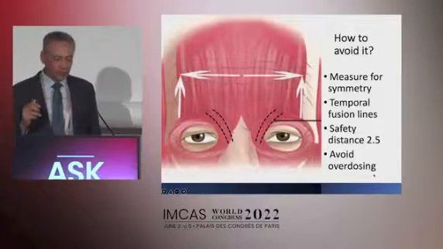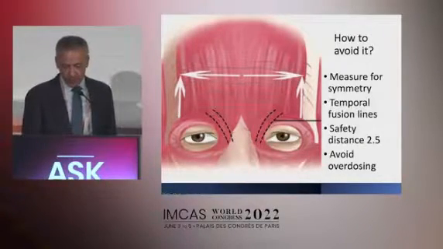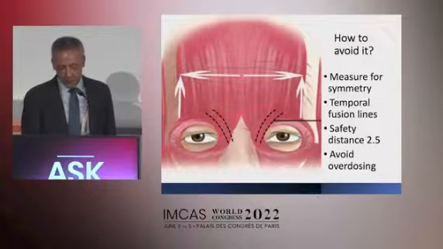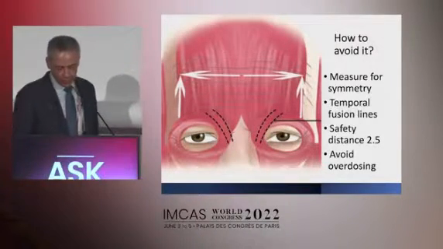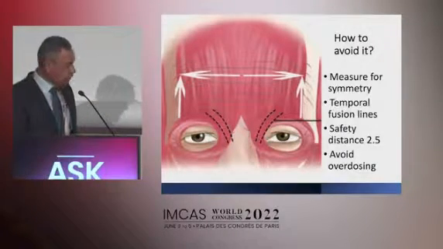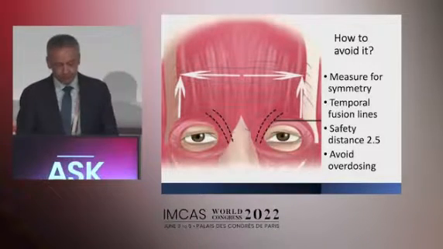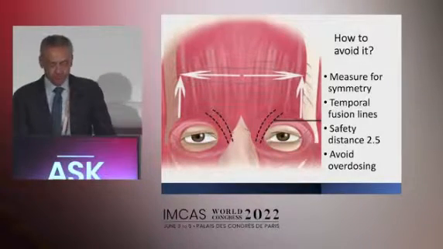Usually 2 centimeters are enough, but I always stick to 2.5 centimeters. The dotted lines down there are the points where we inject if we need to elevate the eyebrows or the medial eyebrow.